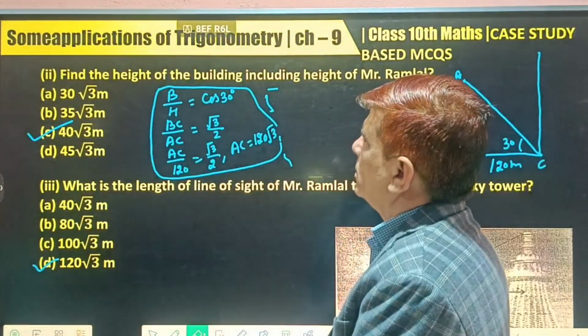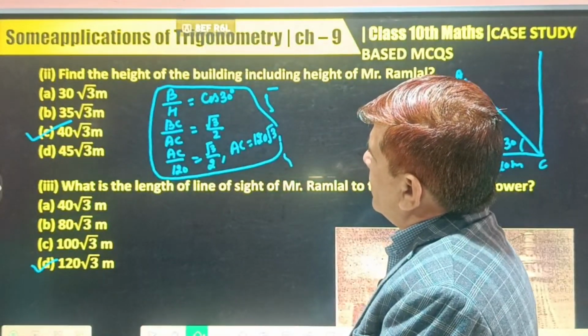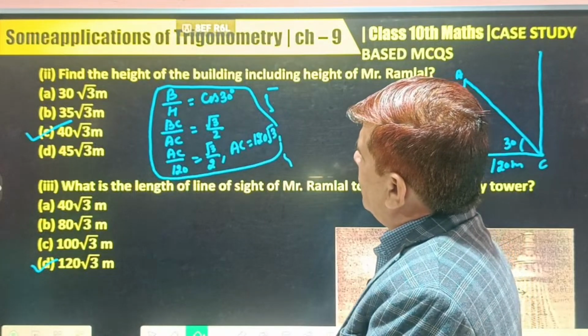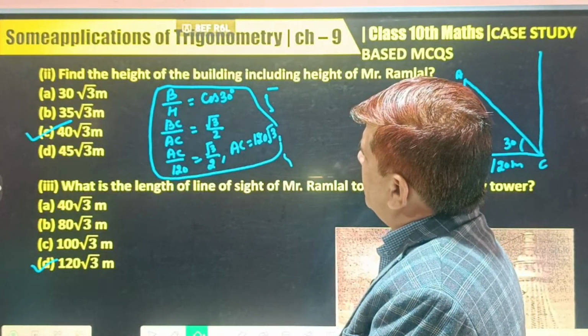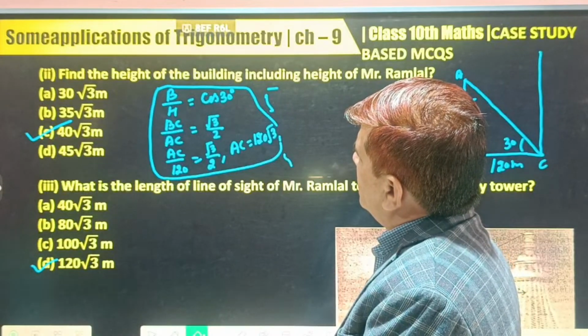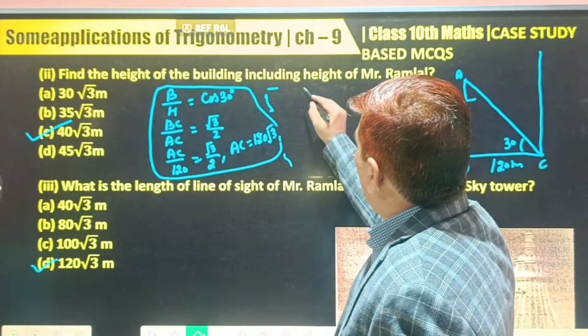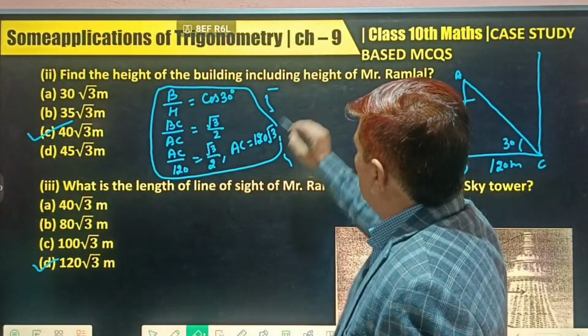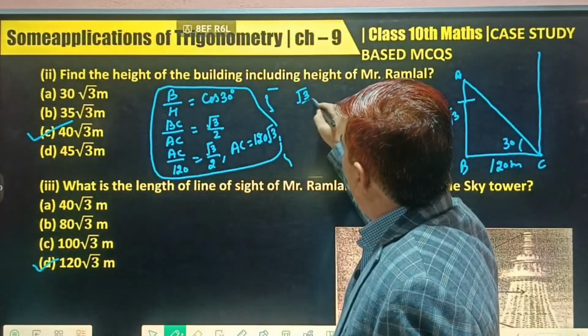So AC by BC is the reciprocal of it. And what I have written: AC by 120 is equal to this, cos 30. The value of cos 30 is root 3 by 2.